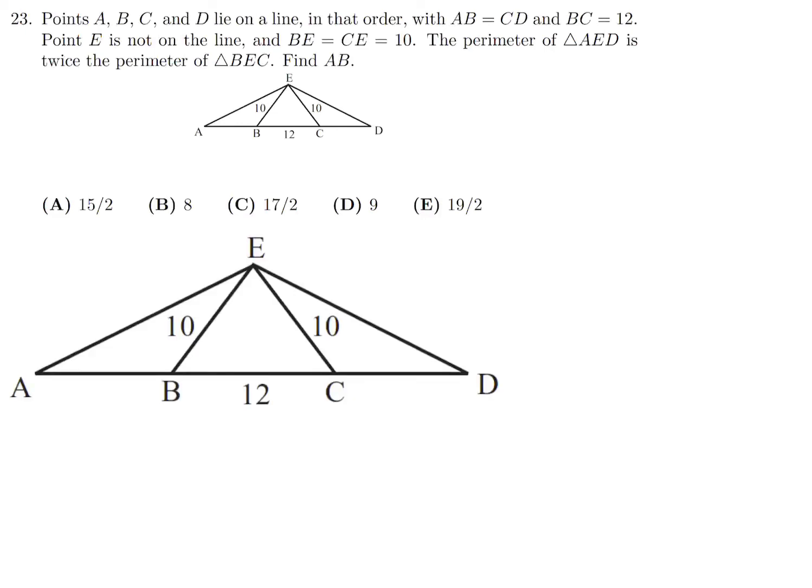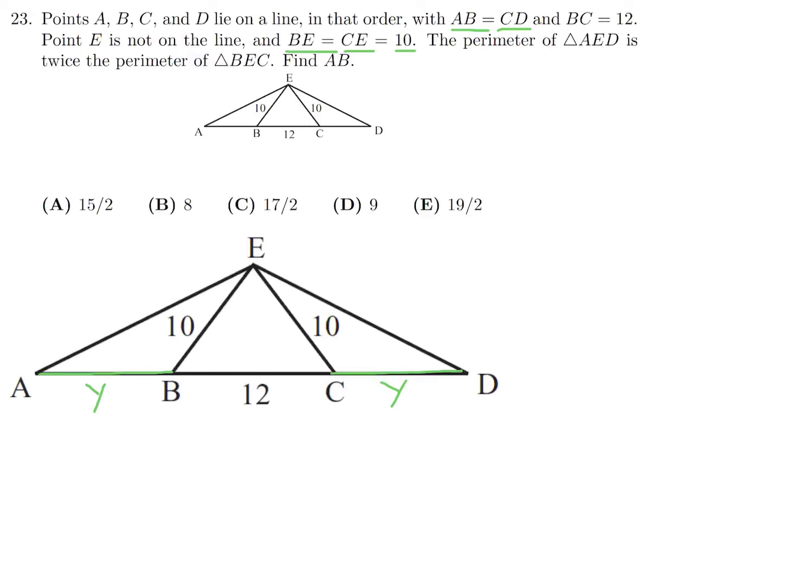So let's label this diagram. A lot of it is already labeled. AB is equal to CD, so this is the same as that, so I'll just call it Y. BC is 12, E is not on the line. BE and CE, they have already labeled.